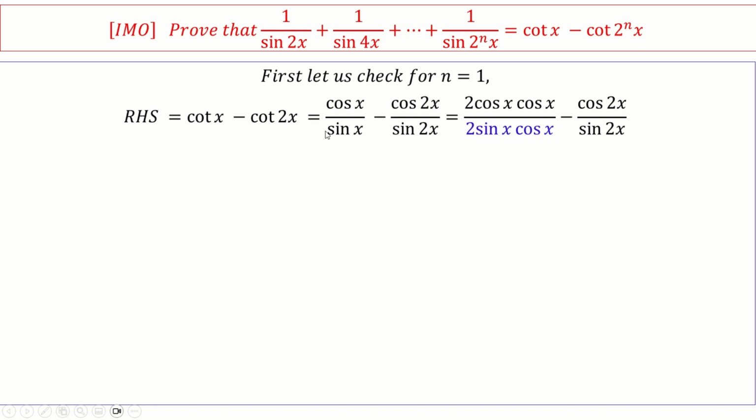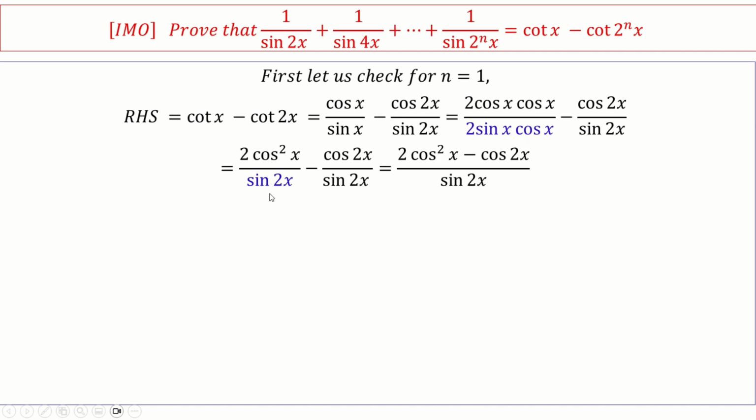So what is cot x minus cot 2x? It is nothing but cos x by sin x minus cos 2x by sin 2x. If I multiply this cos x with 2 cos x on numerator and denominator, this is what it will become. This is nothing but 2 cos square x by sin 2x, minus cos 2x by sin 2x.